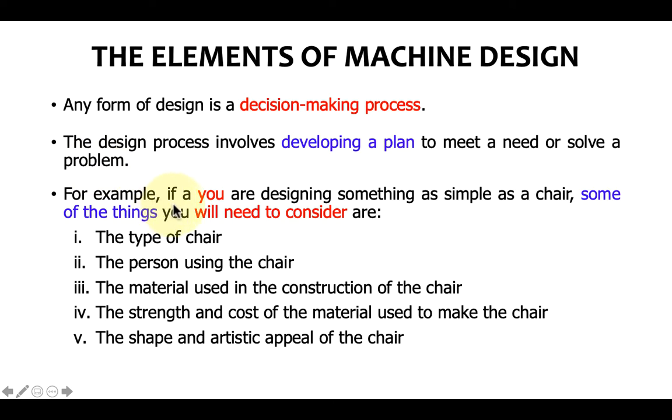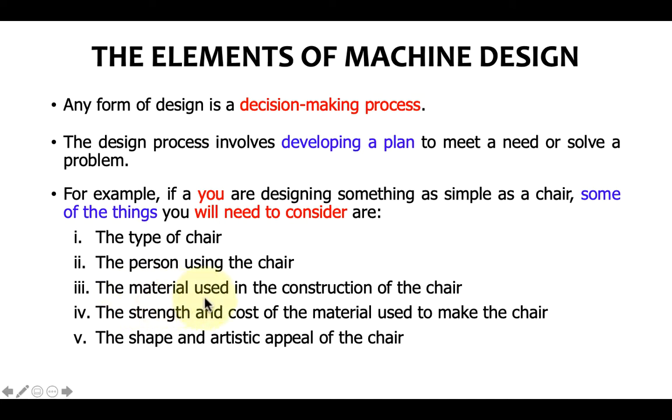For example, if you are designing something as simple as a chair, some of the things you will need to consider are the type of chair. For example, either it is an easy chair, an office chair, or a chair for a dining room table. Second is the person using the chair. For example, is it an adult or a child that is going to use the chair?